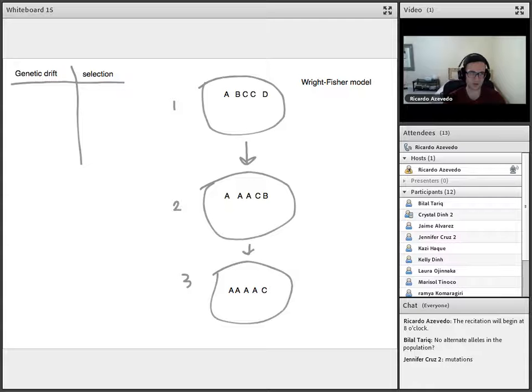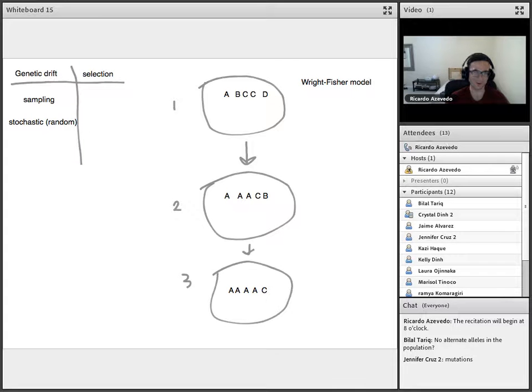This process is a sampling, and it is stochastic, which simply means random.